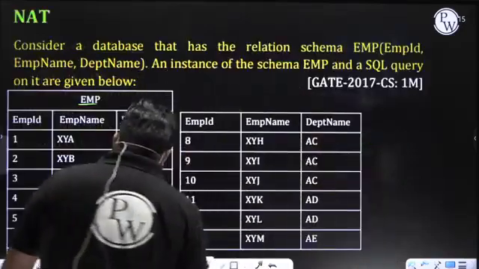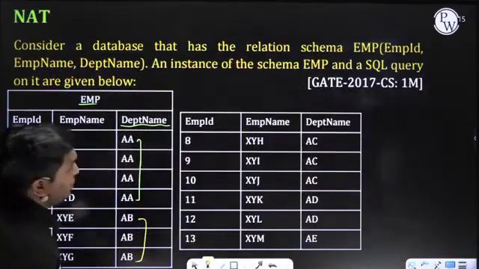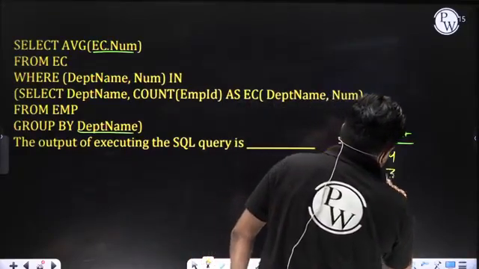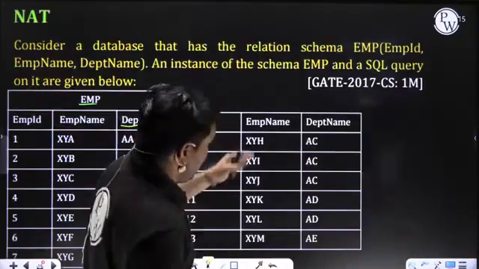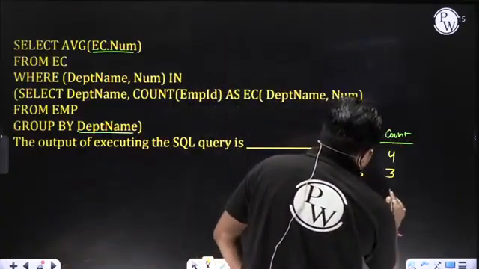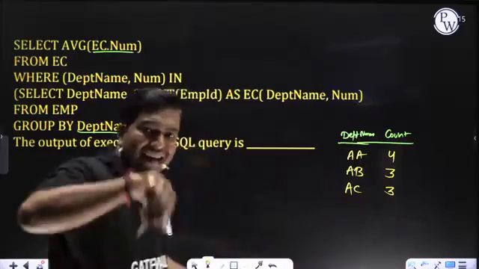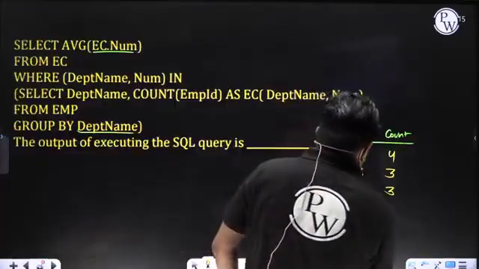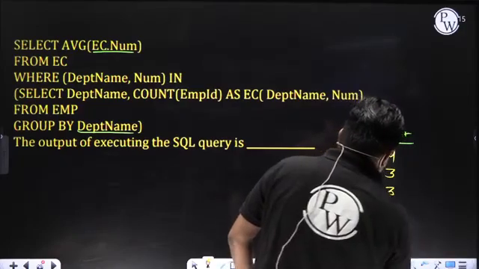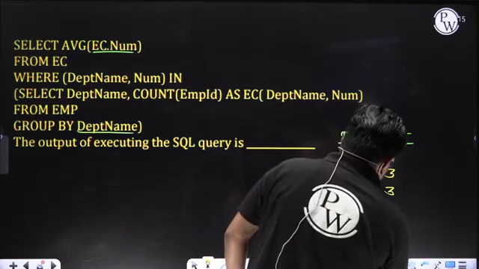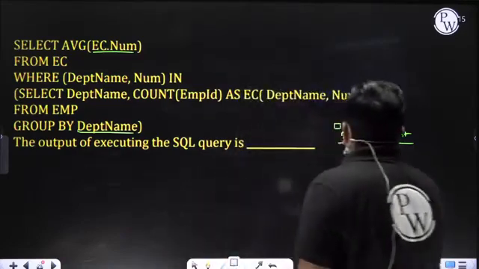Next, you are grouping on AB department, which has 3 tuples. After that, AC department has 3 tuples. Next, AD department has 2 tuples, and AE department has only 1 tuple, my dear.